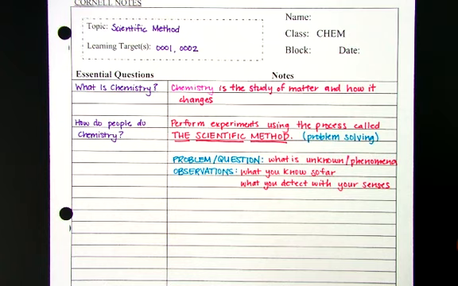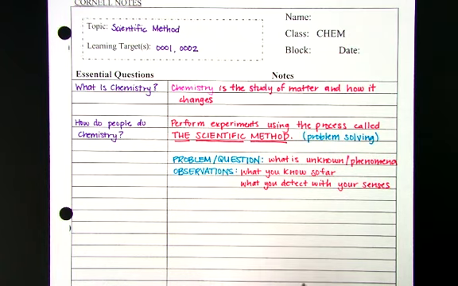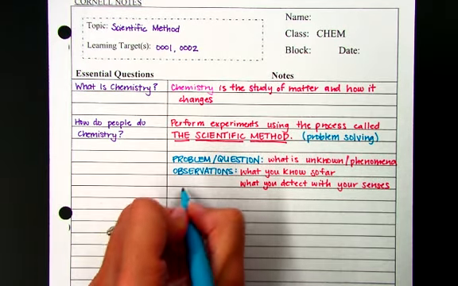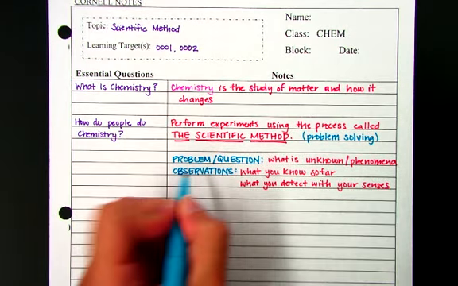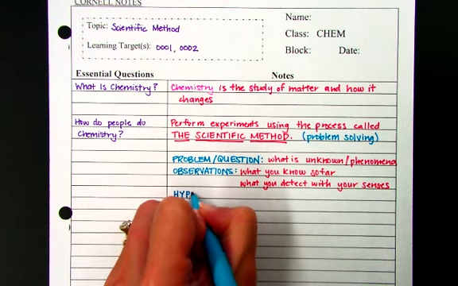Your senses being what you can hear, what you can see, what you can smell, that kind of thing. Okay? Once you have that, you can make your hypothesis. These observations are also like what you know so far about certain things, right?